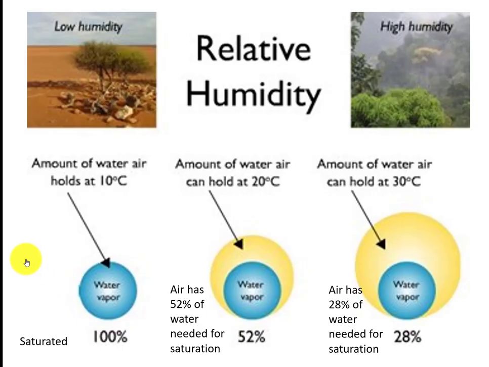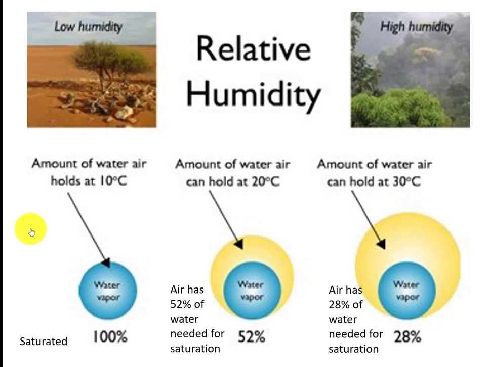So let's think about this idea of measured amounts of water versus the amount that it can hold. I just talked about a plastic water bottle, but I want you to consider this diagram here, and these circles are representing water vapor in blue and a parcel of air in yellow.